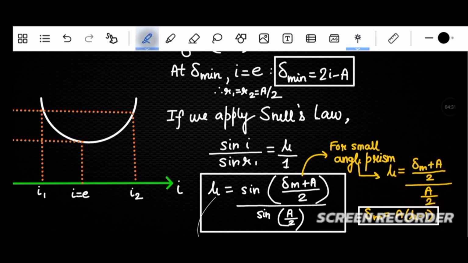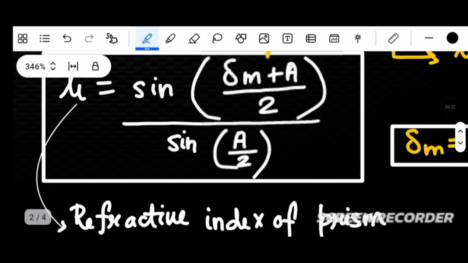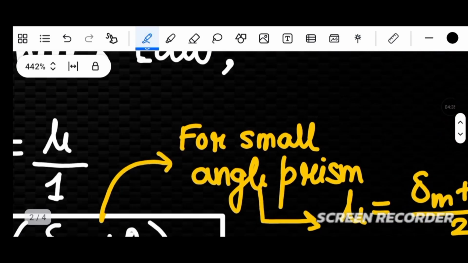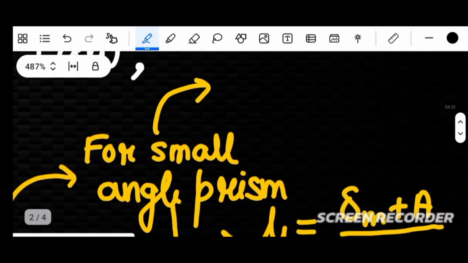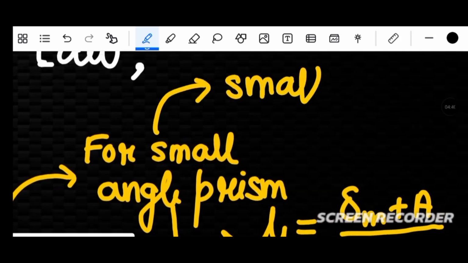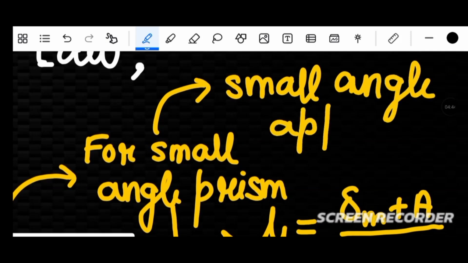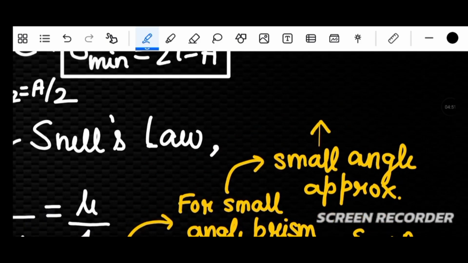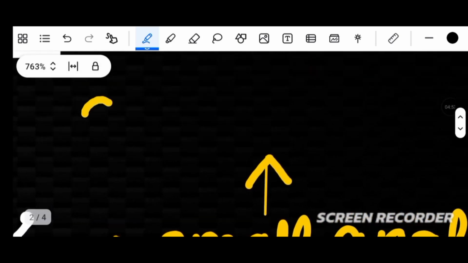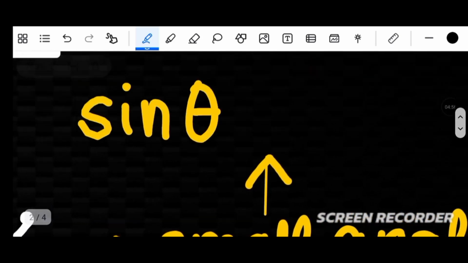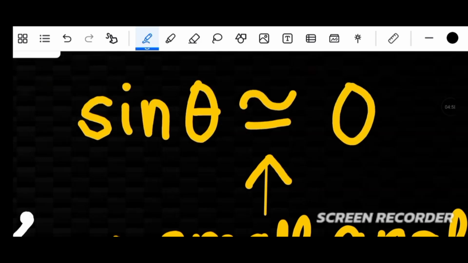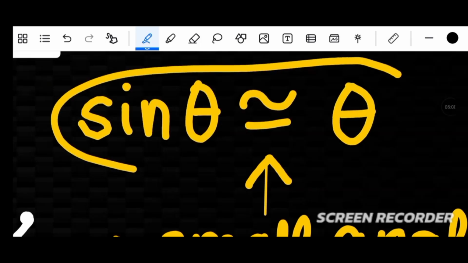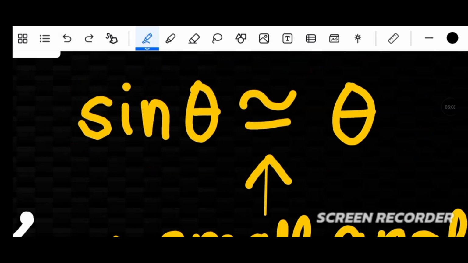How did it occur? Check. For small angle prism, we will use small angle approximation. And when you use small angle approximation, you know that sin theta becomes equal to theta. If theta is very small, sin theta is almost equal to theta.